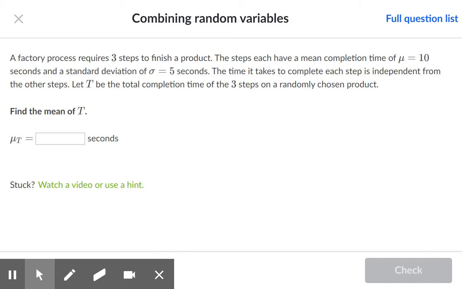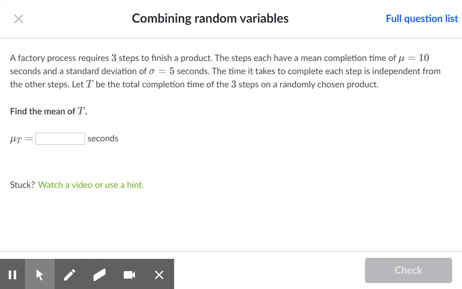Consider each of them a random variable, and each random variable has a mean. So all you have to do is add those up. The mean is 10, so 10 plus 10 plus 10. So the mean is 30 seconds.